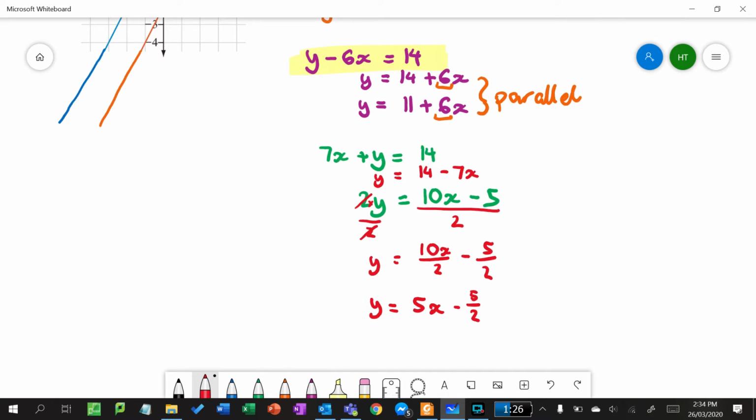Now let's take a look at the gradient. The gradient of the first line is negative 7. And the gradient of the second line is positive 5. Is negative 7 and 5 the same? No! That's right, they are not the same.